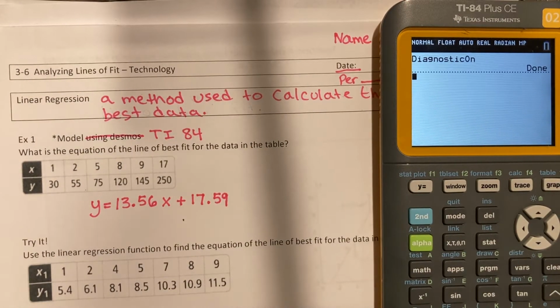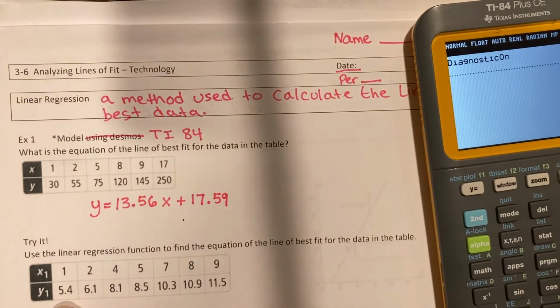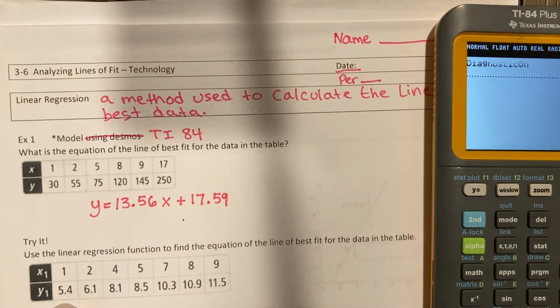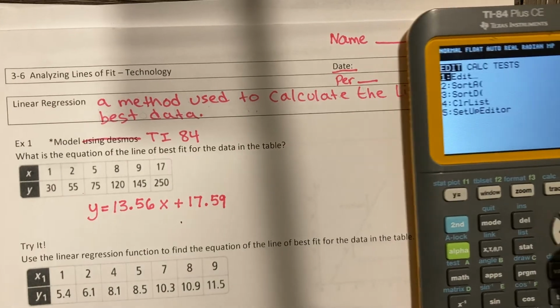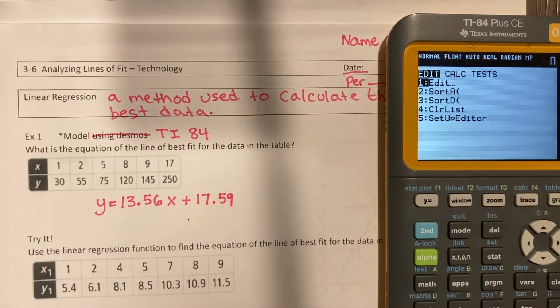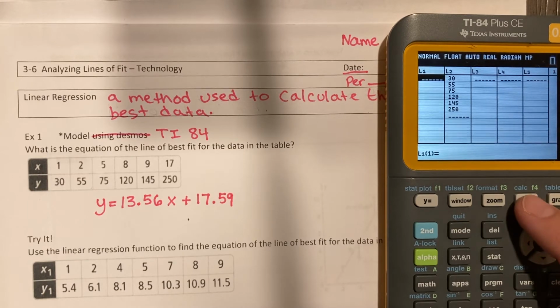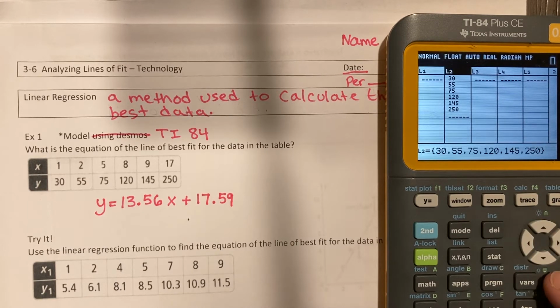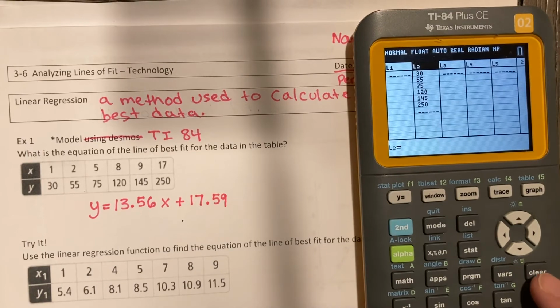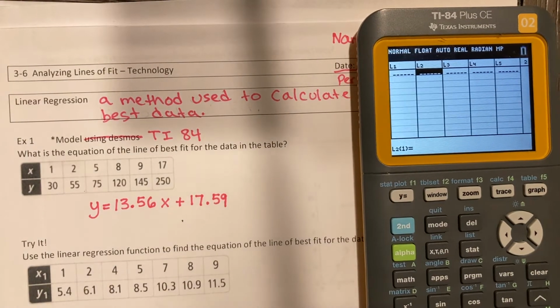Before we get on to that, I would like you to do the try it. So you're going to follow the same exact procedures. You're going to go to Stat. You're going to edit the list, and we're going to need to clear that list. So arrow up, clear, and then enter, and it clears the list.